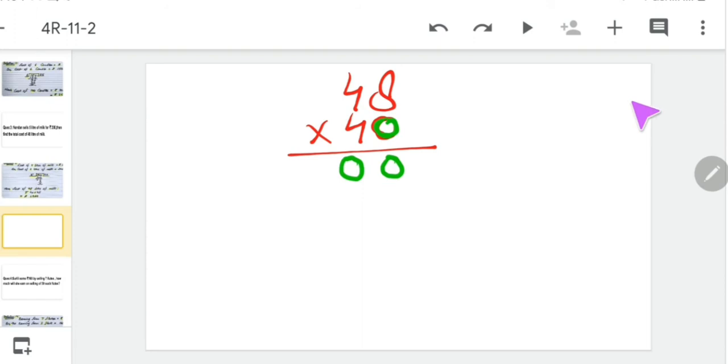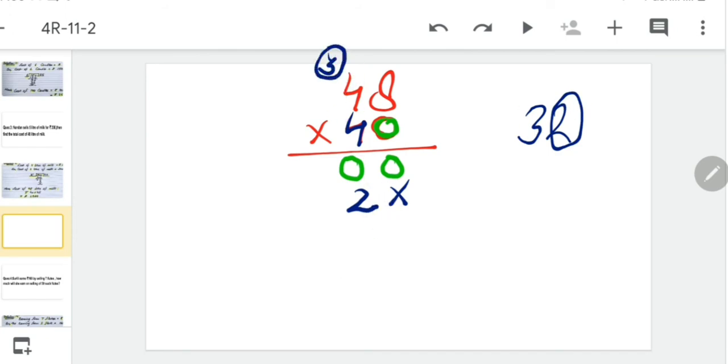Now for the next, that is for this 4, first we will multiply 4 with 8. So 32. We will write 2 here and 3 we will give here as borrow or as carry. Now 4 multiplying with 4 is 16 and 16 added with this 3 we will have 19.